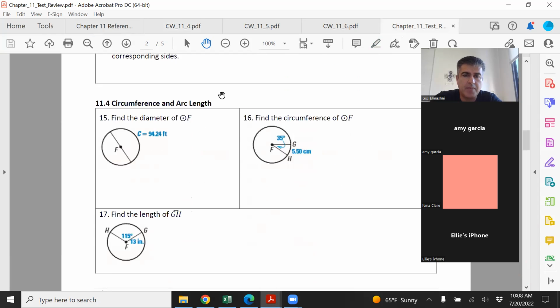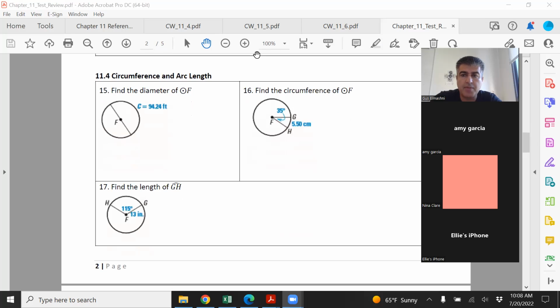Now let's take a look at numbers 15, 16, 17. So this is a Chapter 11 test review, from 11.4. Okay, so circumference is 94.24.